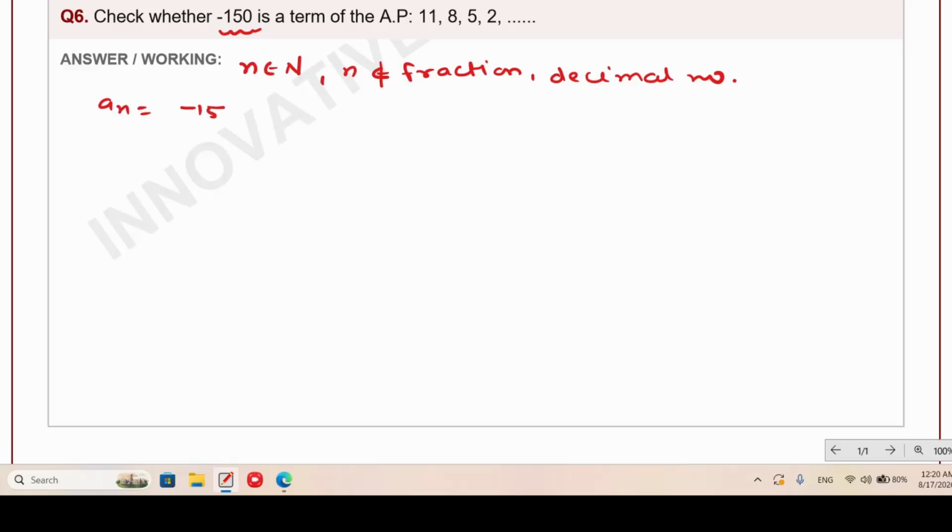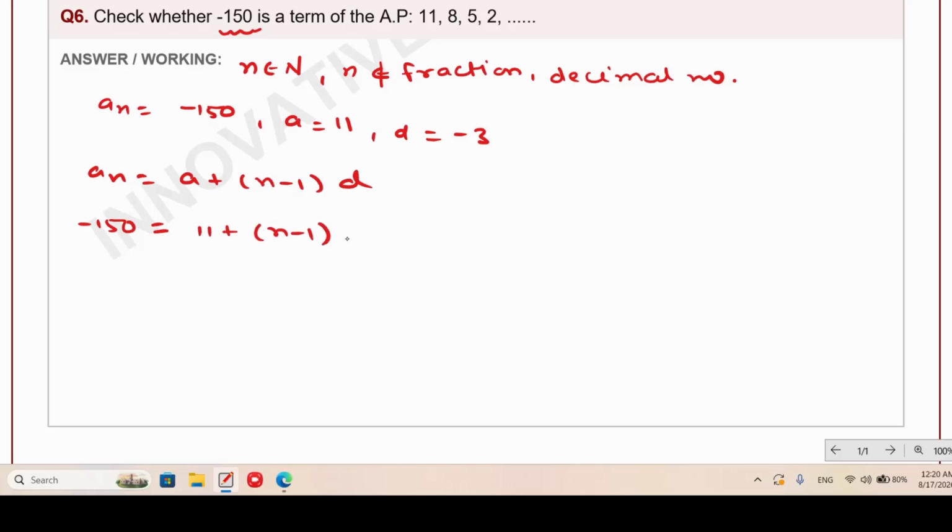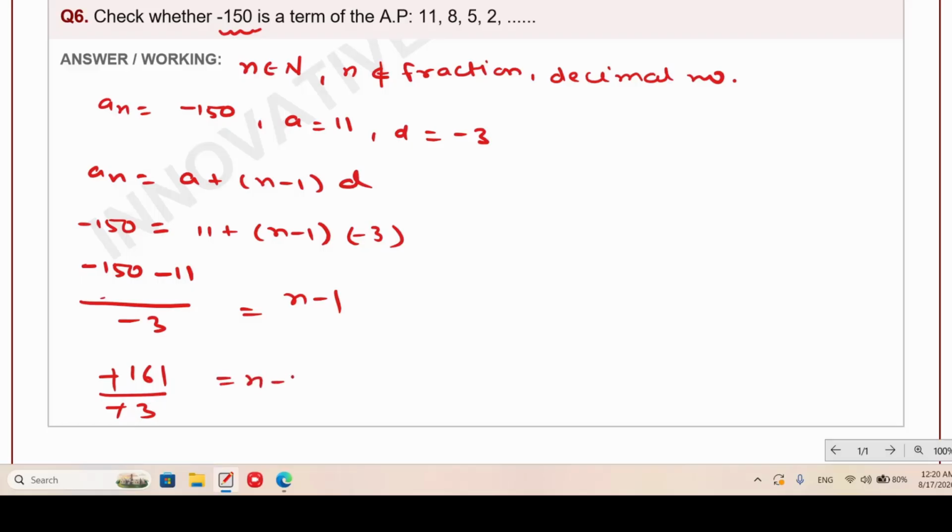So negative 150, A is equal to 11, D is equal to negative 3. So an is equal to a plus n minus 1 into d. So negative 150 is equal to 11 plus n minus 1 into d, whose value is negative 3. So negative 150 minus 11 over negative 3 equals n minus 1. So minus 161 over minus 3, negative negative positive, equals n minus 1.